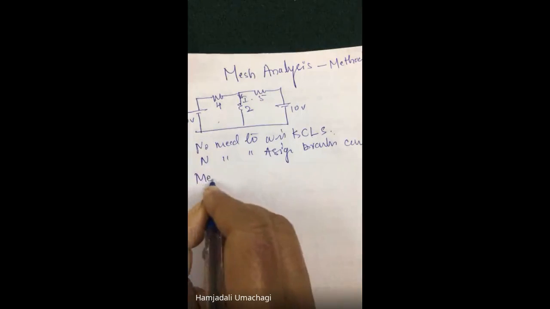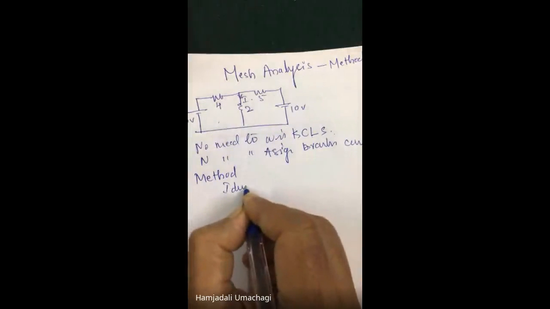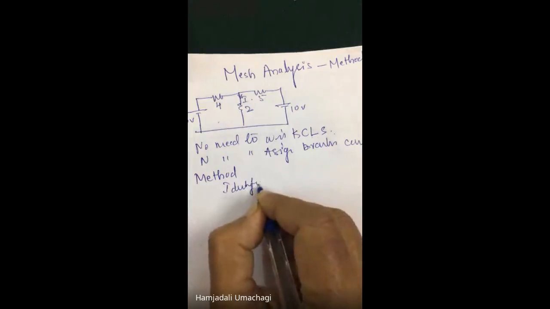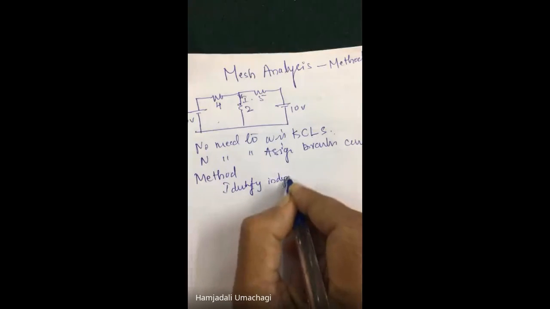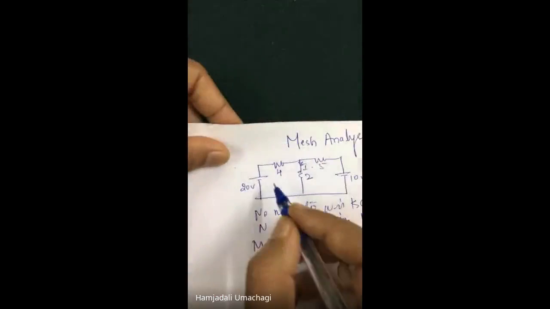What is the method? The first step is to identify independent loops. I am identifying the independent loops.